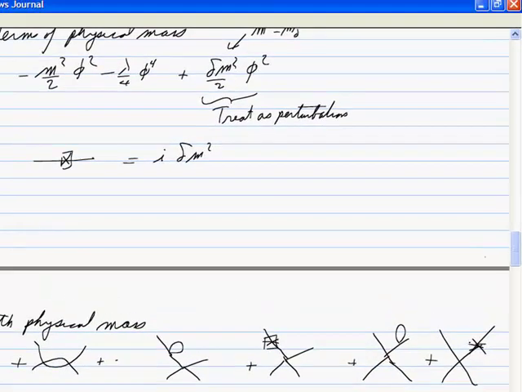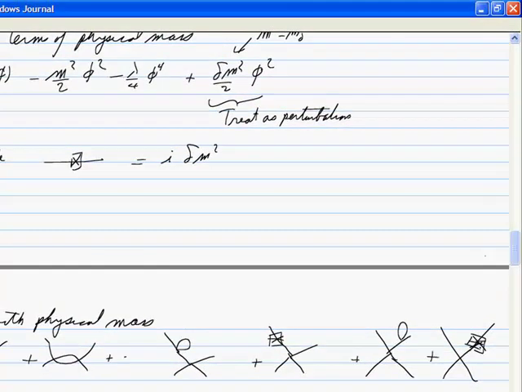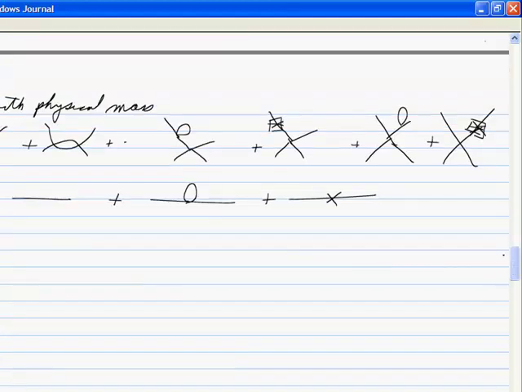Those aren't external states. That's just this new Feynman rule. It's going to cancel the self-energy term. We'll see that this will be identified as the sigma of m squared. So let's do it now, and then we can come back to your question if you want.